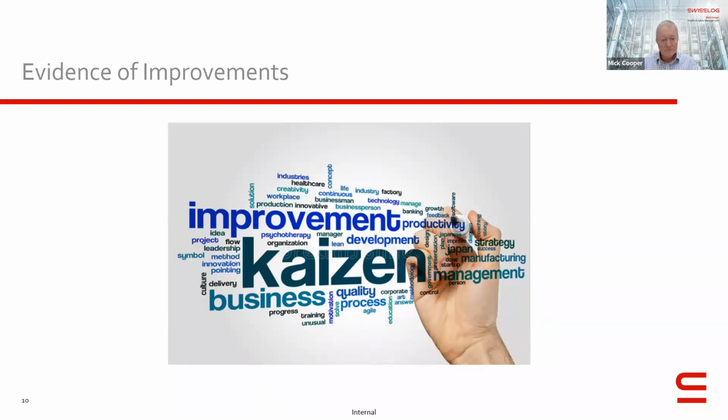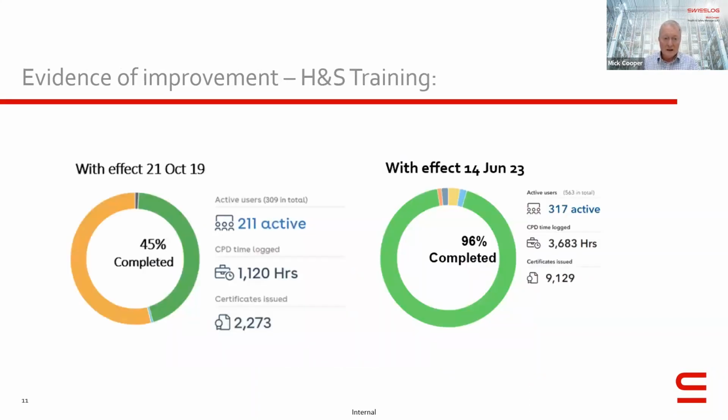Next slide, Carl. This just gives a clear indication as to where we've come from. We sit at 96, 97% completion status on all occupational health and safety training, both online training and face-to-face training.